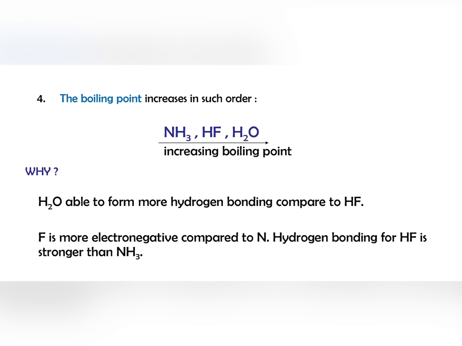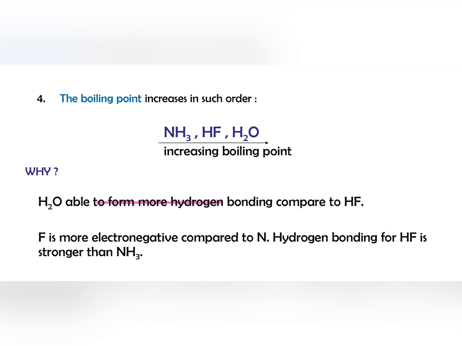So, H2O able to form more hydrogen bond compared to HF. Tak perlu tulis H2O able to form 4 hydrogen bond compared to HF only able to form 2 hydrogen bond pun tak apa. You just state generally, H2O able to form more hydrogen bond.